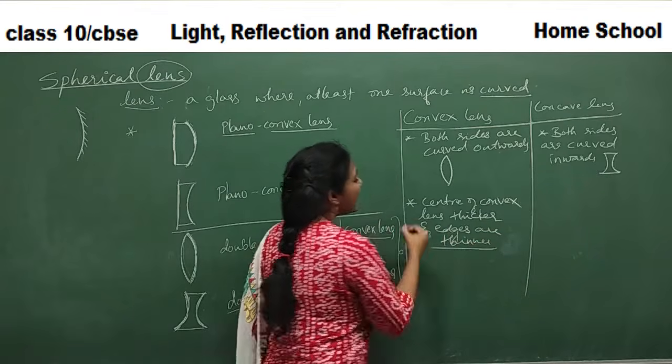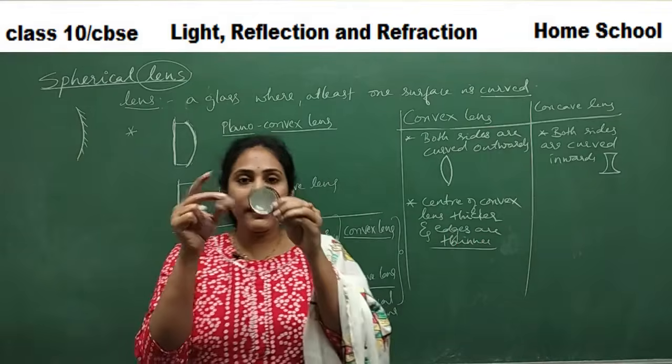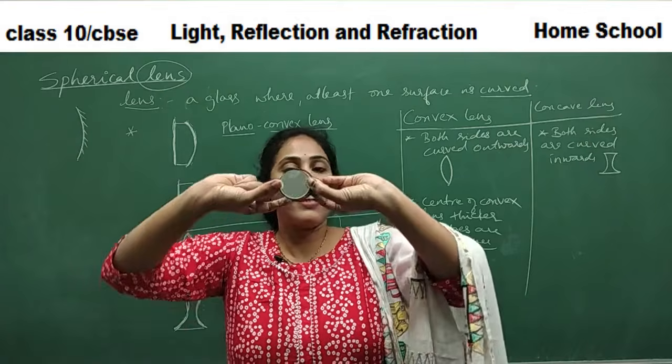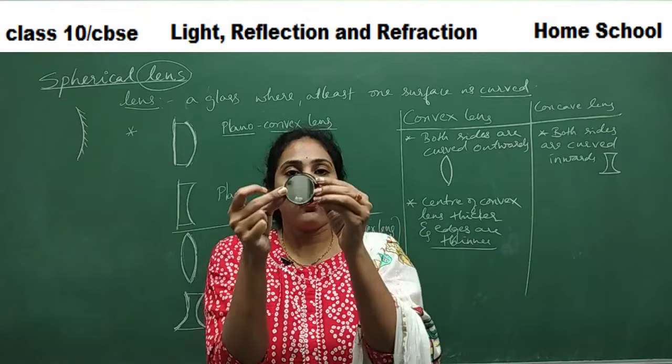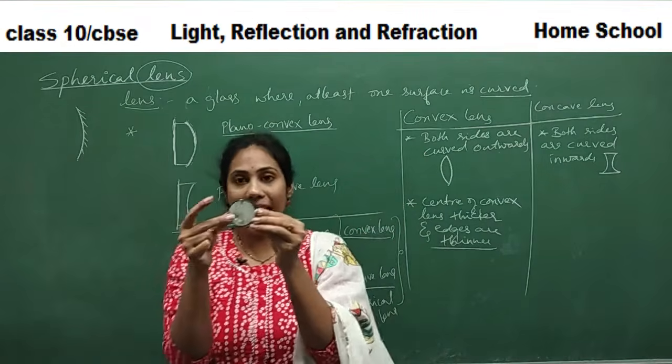Okay, so what do you mean by this point? See, I have a lens here actually. This is how a lens looks like. You see, both sides are actually not polished. Okay, this is actually a convex lens that I have.